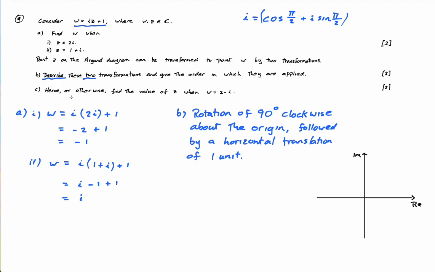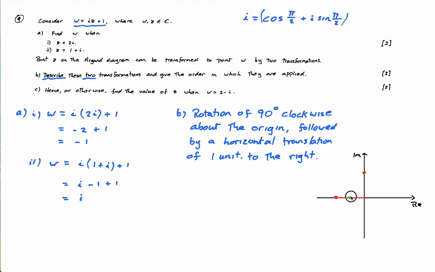Say z was 2i. It was up here. This is the point 2i. If we rotate this 90 degrees clockwise, we end up here. And then if we translate it one unit to the right, a horizontal translation of 1 unit, it goes to here.